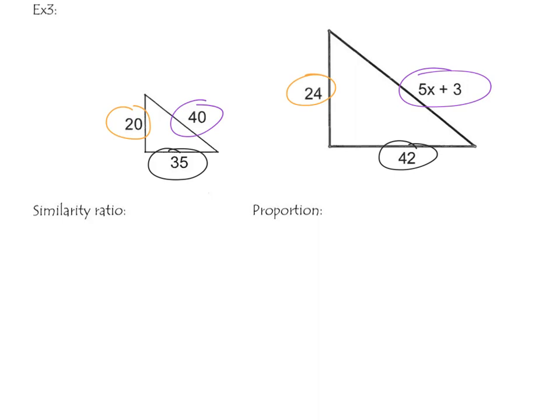So I know I'm definitely going to use 40 over 5x plus 3. I have to use that one. And then I get to pick which other one I'm going to use, orange or black. Since the orange numbers are smaller, I just like using smaller numbers because that makes it easier.